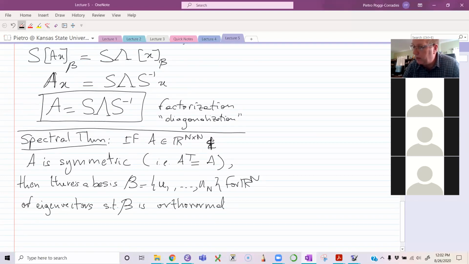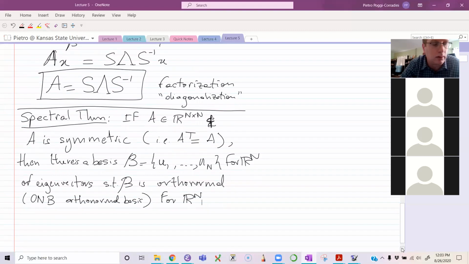So it's an orthonormal basis, I'm often going to write ONB, orthonormal. That's special, so that's very, very useful.